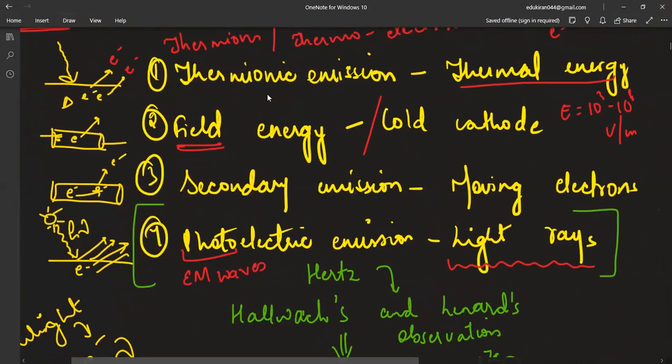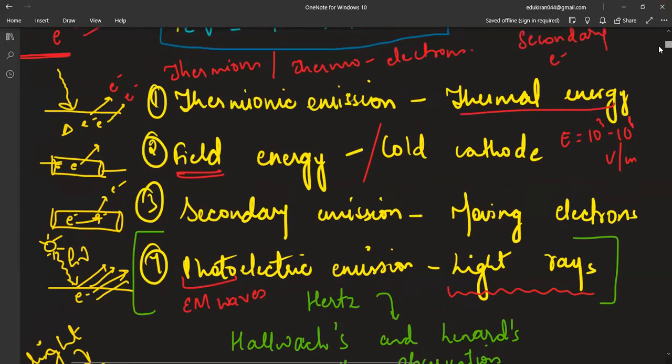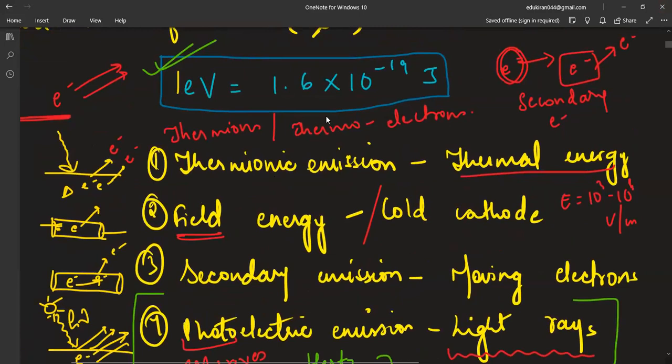Basically, when a metal is heated, its free electrons, which are already present, get sufficient thermal energy and can overcome the surface barrier. This method of removal of electrons is called thermionic emission. And we call the electrons thermions or thermoelectrons.